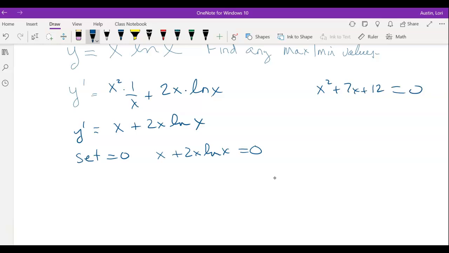Don't tell me quadratic formula. What would you do? Subtract 12, and then what? You still can't get x by itself, right? But we had a procedure for solving higher powered equations, right? Didn't you factor it? And then what were the answers? Negative 3 and negative 4. You set each factor equal to 0. Same idea here when you get something like this. Take out an x. Take out an x.